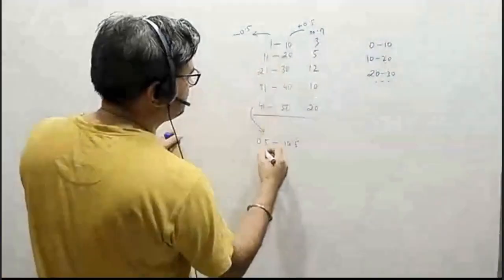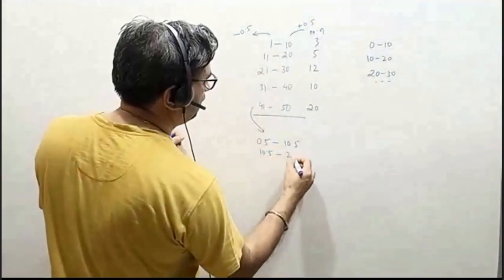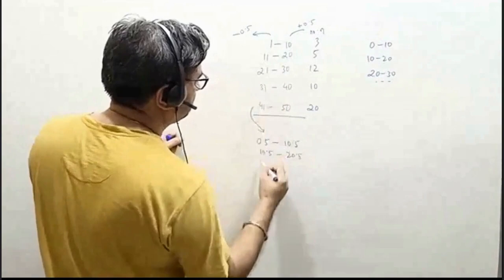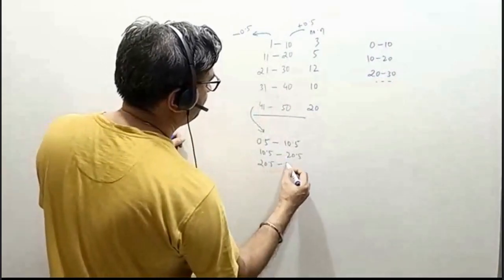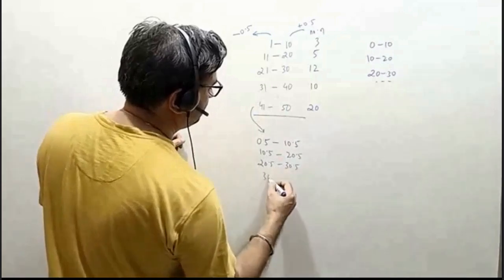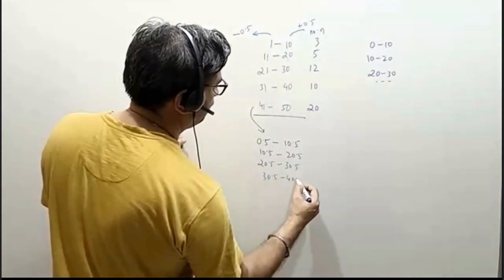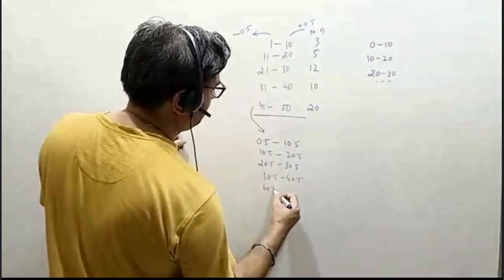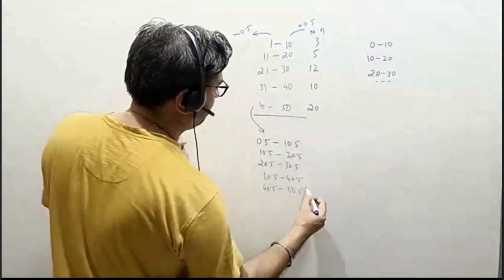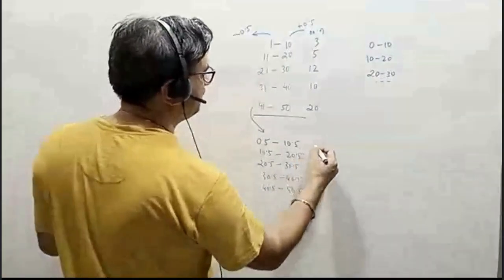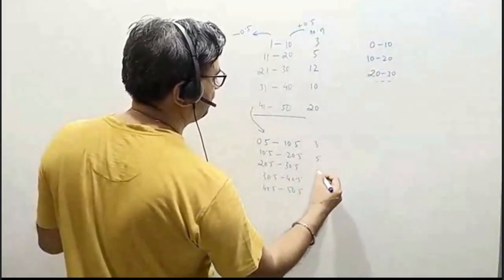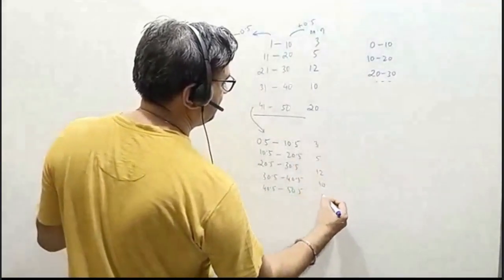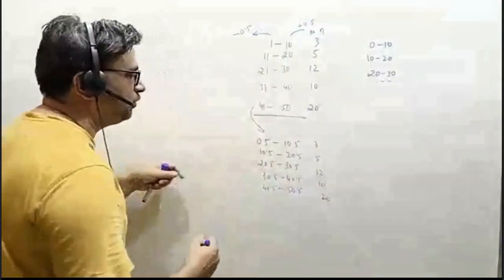So this becomes 10.5. This is now 10.5 to 20.5, then 20.5 to 30.5, 30.5 to 40.5, 40.5 to 50.5. And in this case, the frequencies will remain the same: 3, 5, 12, 10, 20.